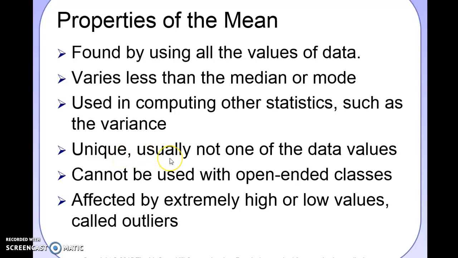It's usually not one of the data values. It cannot be used with open-ended classes. And it is extremely affected by high or low values, which are called outliers. If this is the case, then it is not appropriate to use the mean because it will throw off your data.